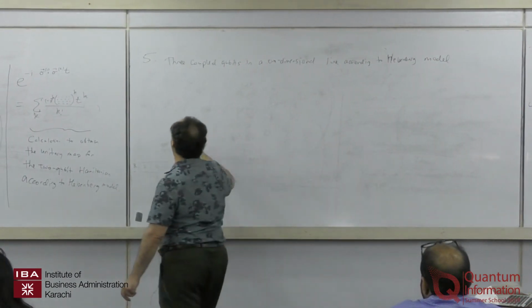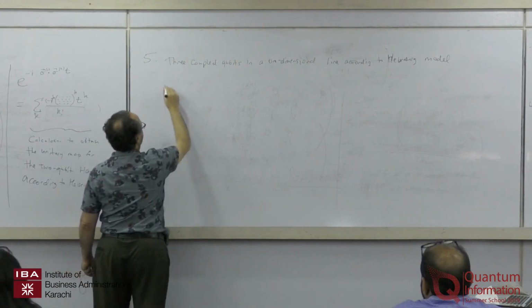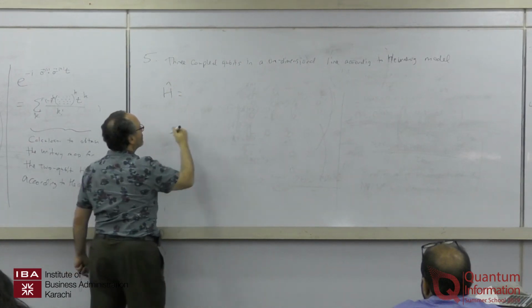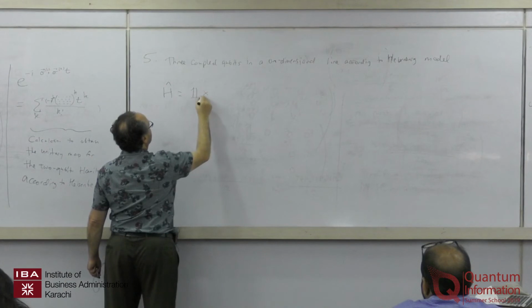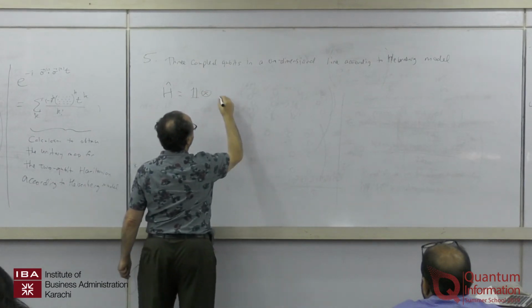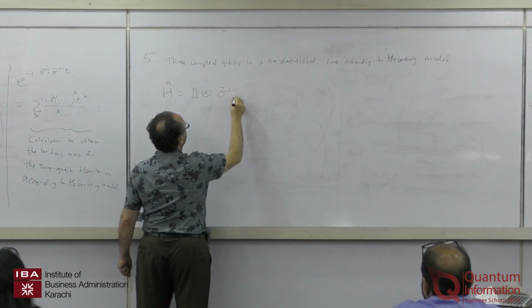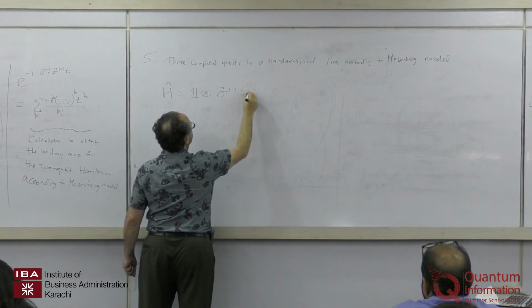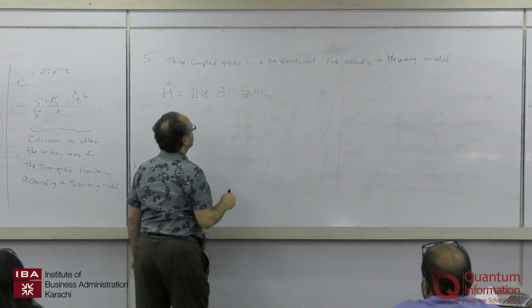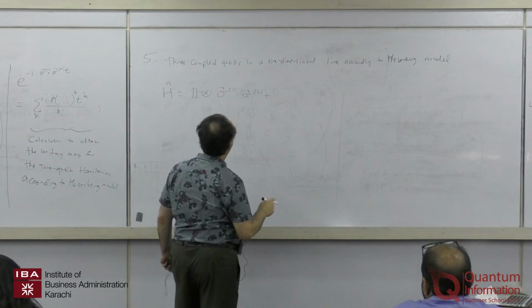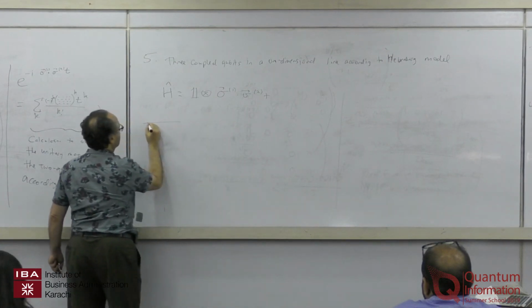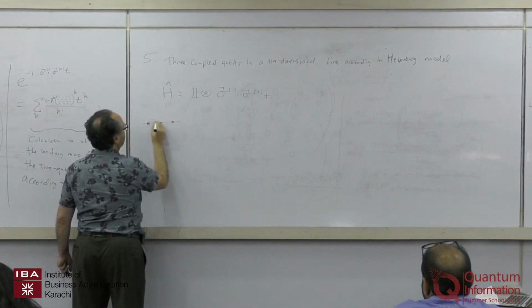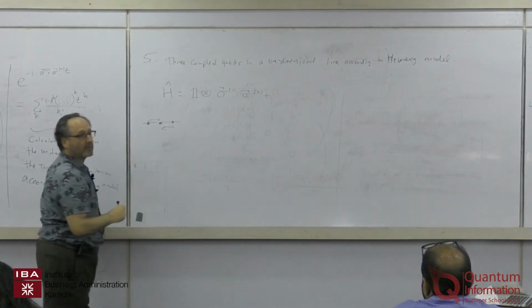I'll just write it down. According to our Hamiltonian, it's equal to identity cross sigma 1 dot sigma 2 plus, so these two coupled and then those two coupled.